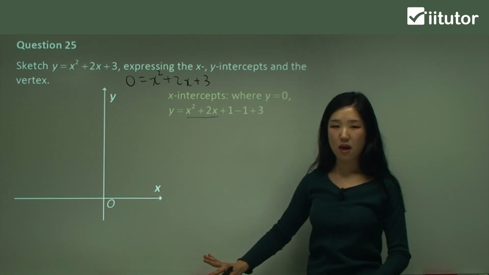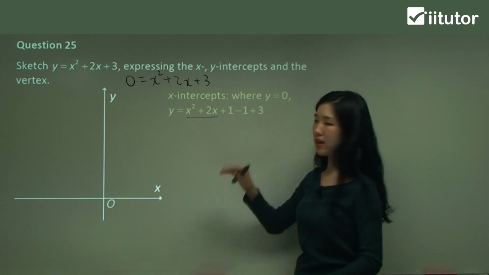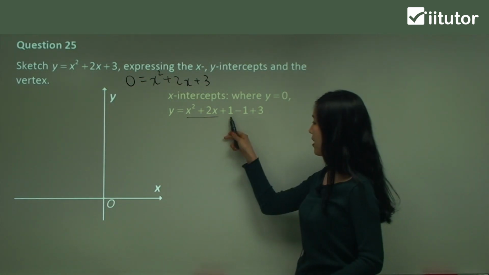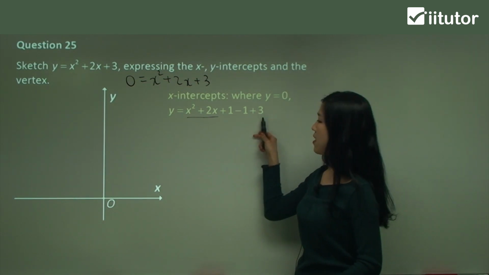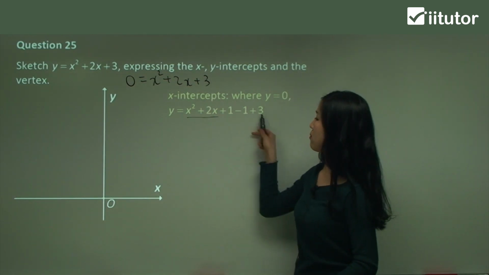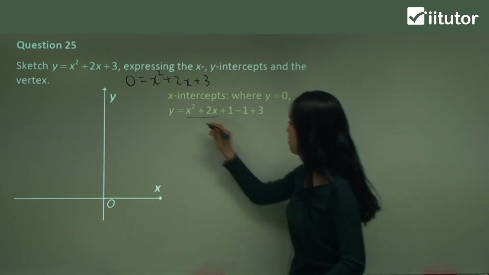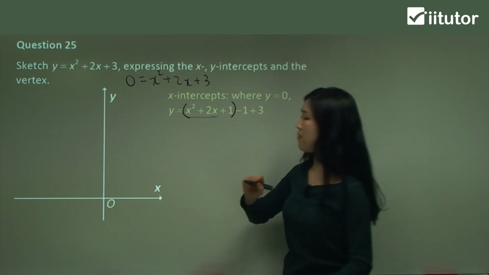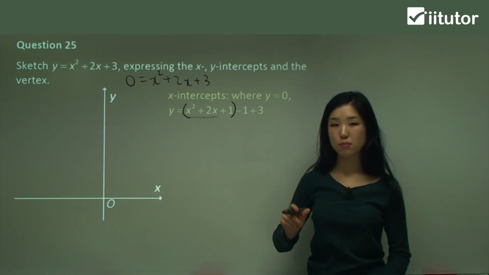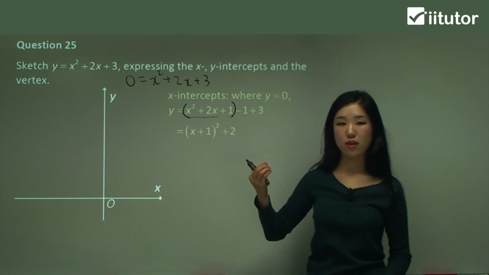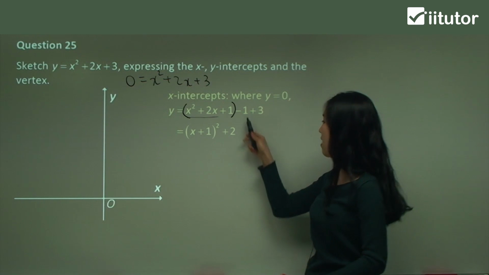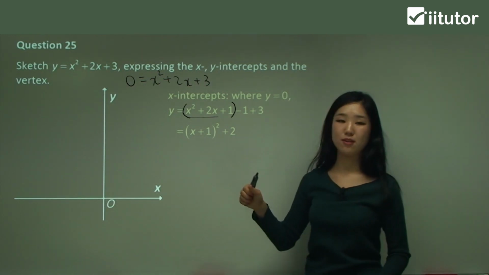It's like there's nothing there, but I'm putting it in to complete the square. If you're adding it, make sure you subtract it right after, and then I'm going to plus the remaining 3, and group the first 3 because I did that to complete the square. So this part will become x plus 1 the whole thing squared, a perfect square, and then negative 1 plus 3 is simply 2.